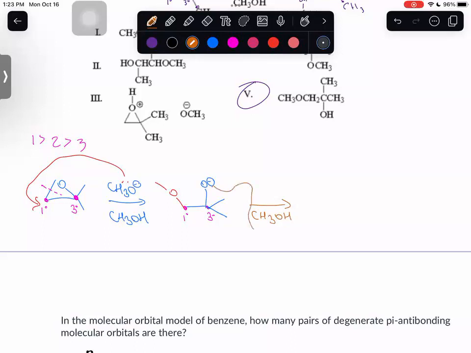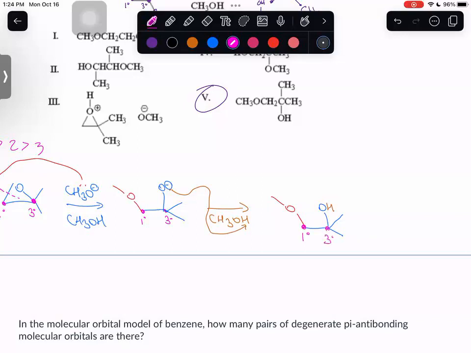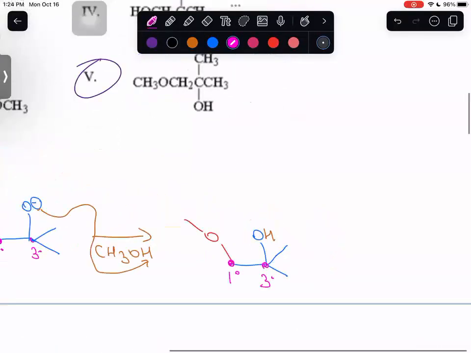So that oxygen is just gonna grab one of those hydrogens. Now we have this guy. So that was the mechanism.